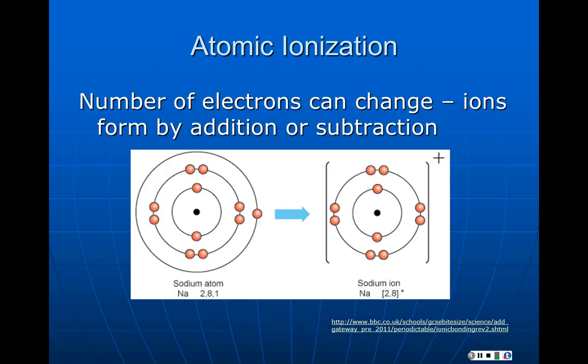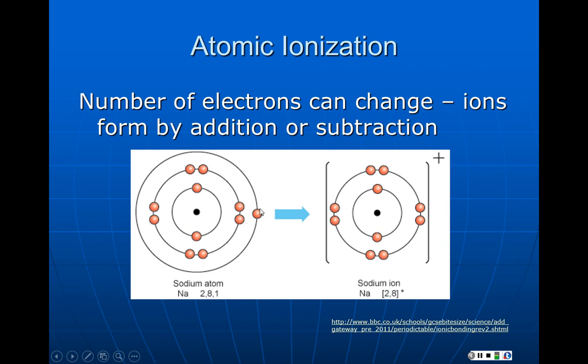Now, in general, a lot of what we're interested in doesn't happen to base atoms. It happens to ions, or it's ions participating. And an ion is simply an atom that has either extra electrons or is missing electrons. So sodium here, and here's all the electrons around it.